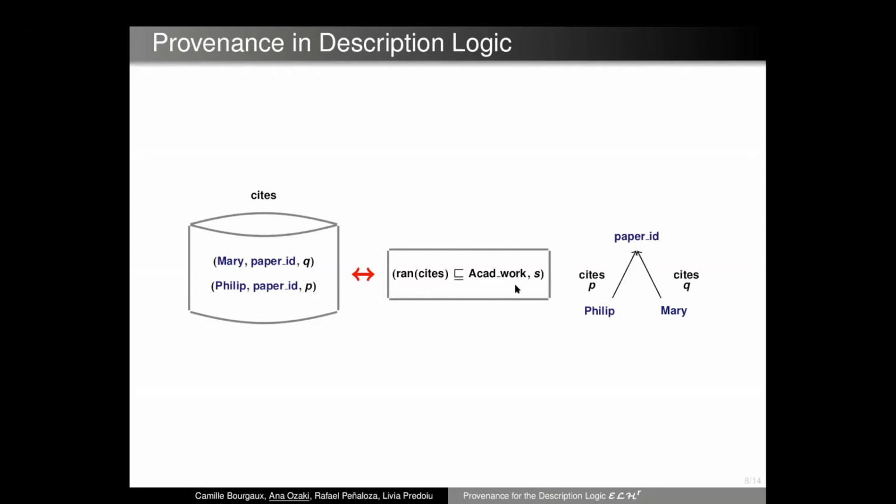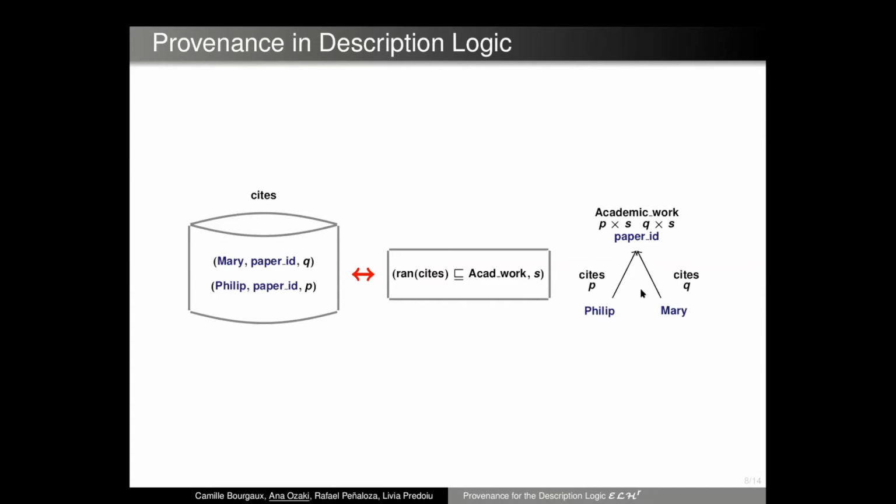And this is also annotated with a provenance symbol, which in this case is S. So what we would like here is to derive academic work with these two provenance information, P times S and also Q times S. And the intuition for this is that in order to derive this, we use both the tuple, which has provenance P, together with the concept inclusion, which has provenance S.